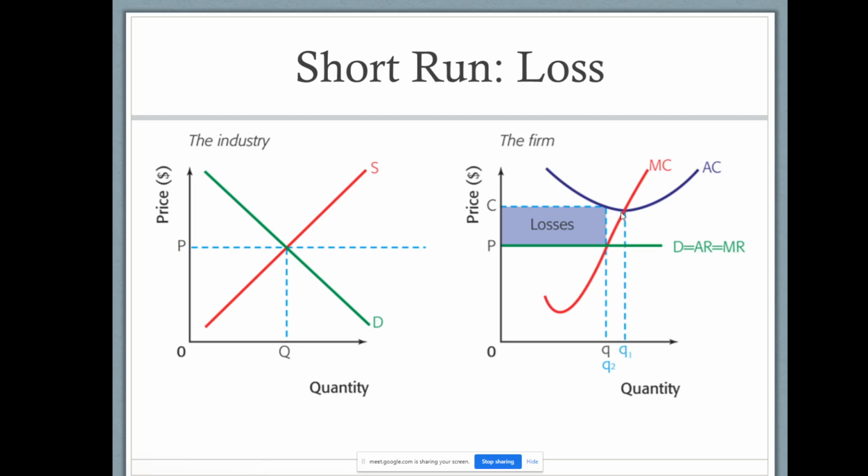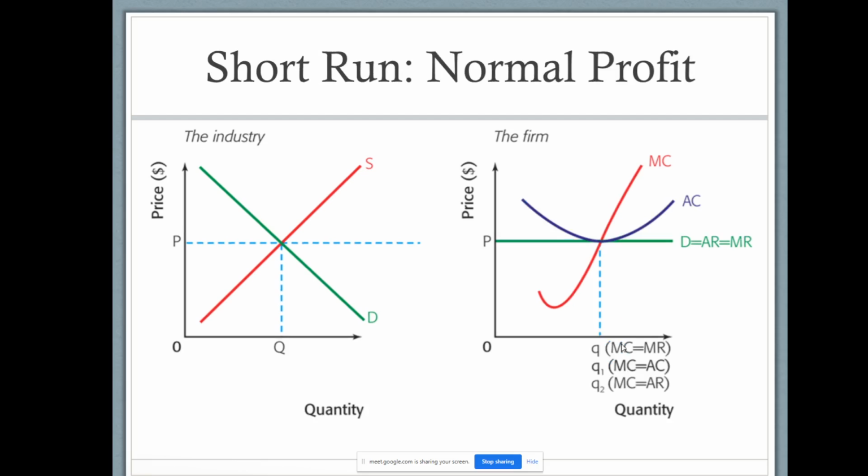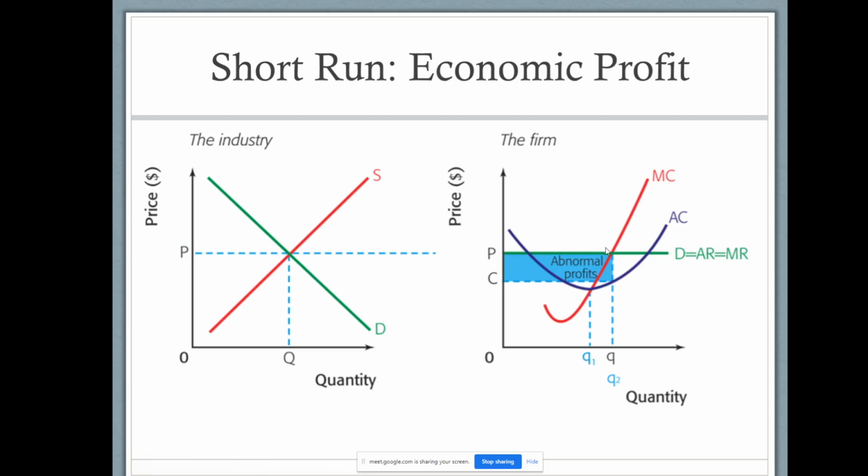So if we are producing at Q1, then we would say we are at productive efficiency. That is the definition. It doesn't really matter which case you are in. In this case, Q1, right here.